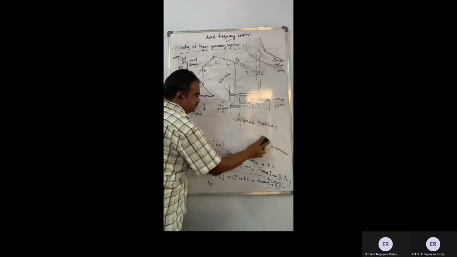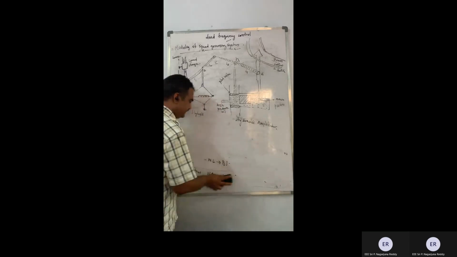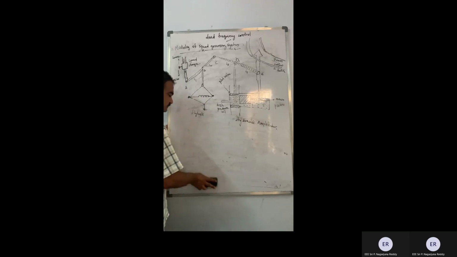Now, before moving on to mathematical modeling, I want you to remember one particular thing: how these linkage points are interlinked. Now if you carefully see, point A is manually controlled, isn't it?